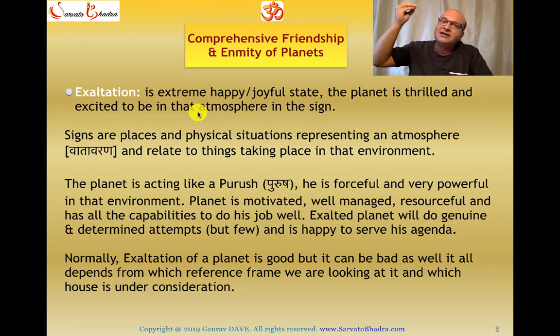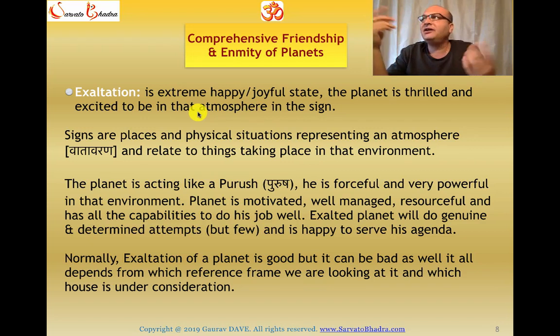So when a planet reaches this point of exaltation, that region, he is most happy and he is in a joyful state. The planet is thrilled and excited to be in that atmosphere. So planets in those places are very happy. They find the atmosphere very soothing and very conducive to their own internal makeup or to their agendas in life. So they are extremely thrilled in those places and they give very beautiful results.